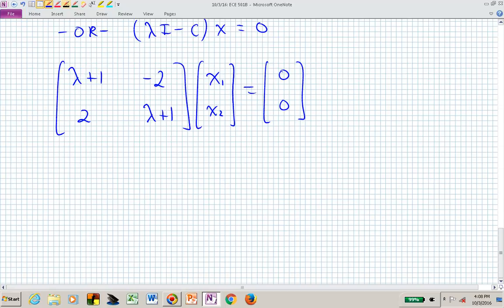If we look at the 2 equations that result from this matrix relationship, we can then write down that we have lambda plus 1 times x1 minus 2 times x sub 2 is equal to 0. And for the second equation, we have 2 x1 plus lambda plus 1 x sub 2 equaling 0.